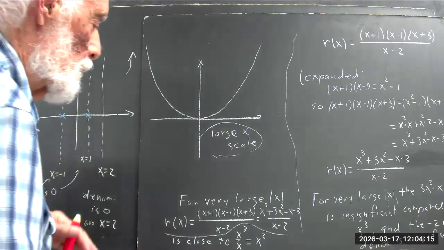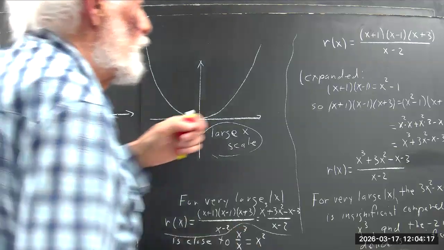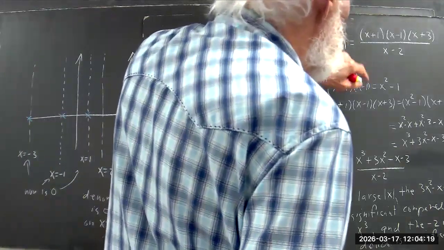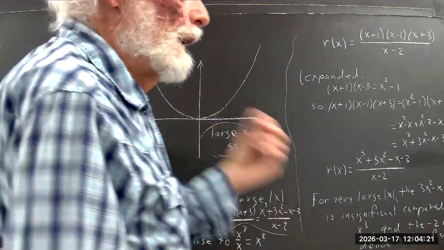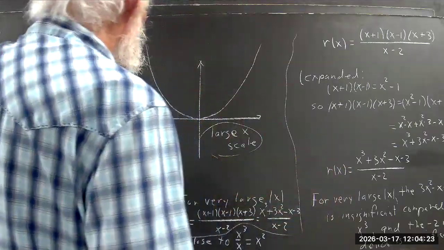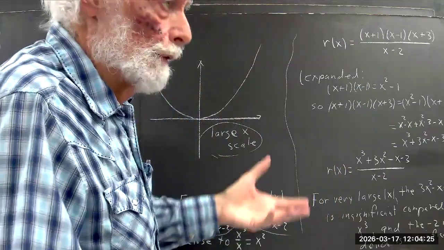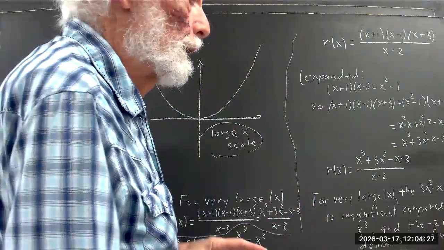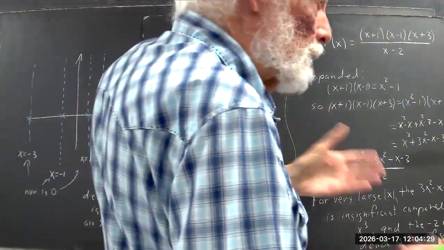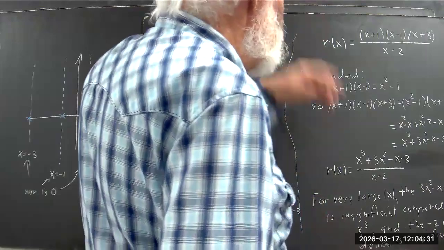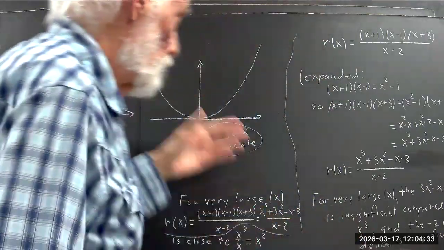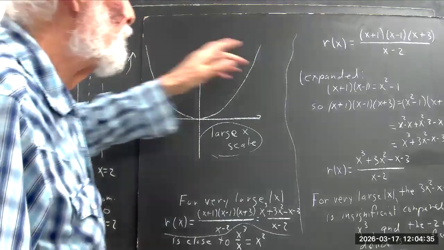Well, wait, one more thing I want to do before I draw this. I want to get the y-intercept. If x equals 0, that's going to be the y-intercept. Now, that's something everybody should be very familiar with by this point in a pre-calculus course, so I've got to assume that's automatic. The y-intercept occurs when x equals 0, because that's what the y-axis is.